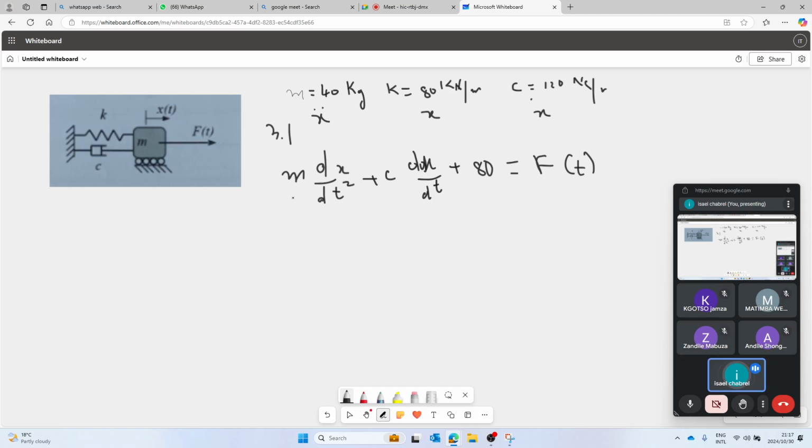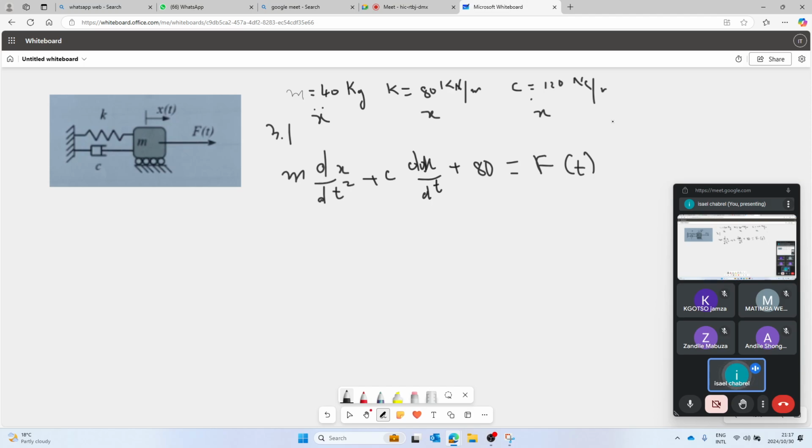I said, given all this data here, if you are asked to determine the second order differential equation, given these values, we can write it straight using the math. You don't need to use Lagrange's here.